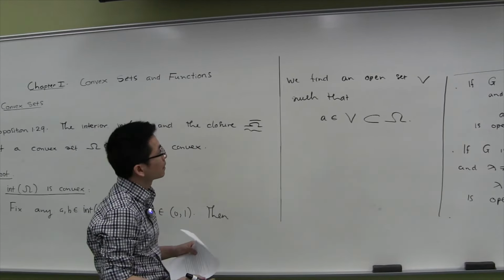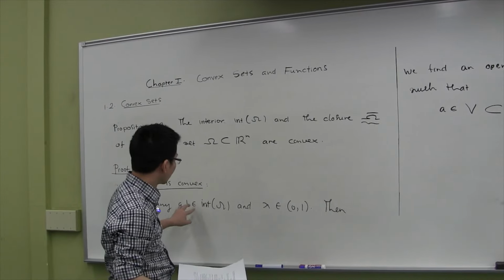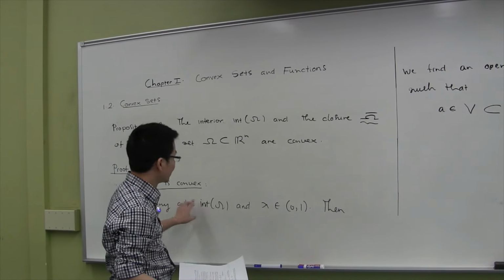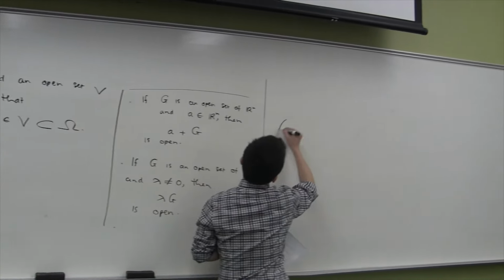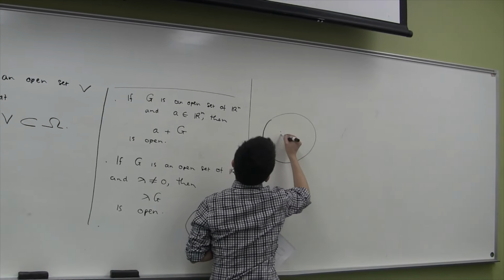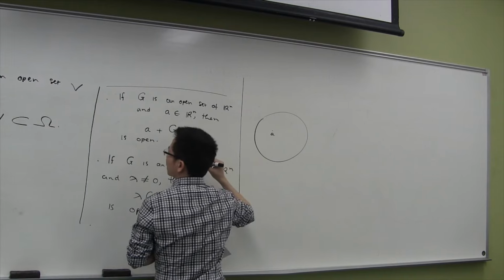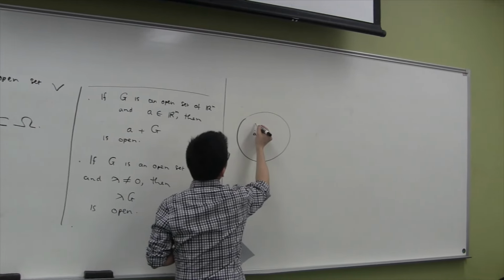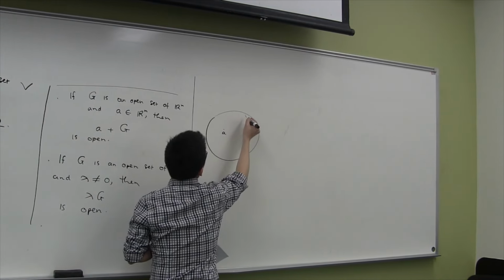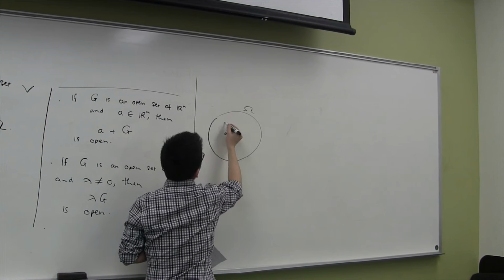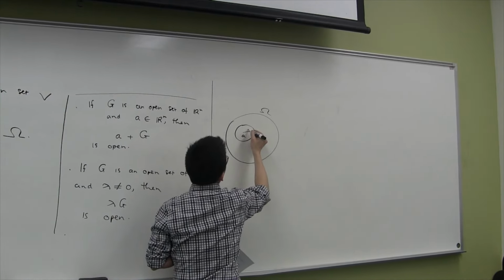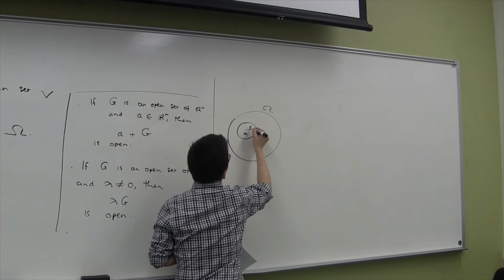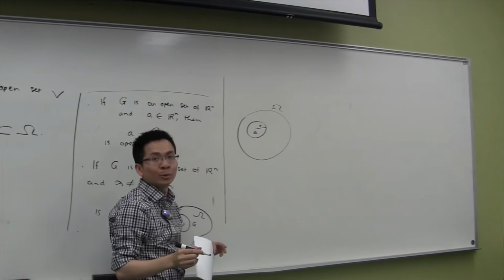Again, because A here is in the interior of omega, we can choose R greater than 0 such that the open ball with center at A and radius R is a subset of omega.